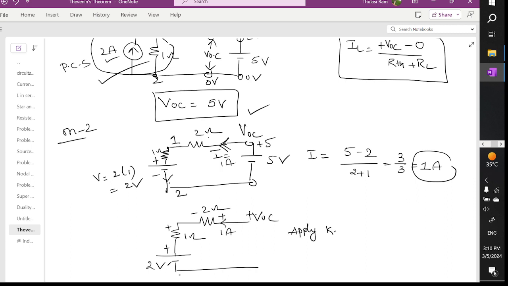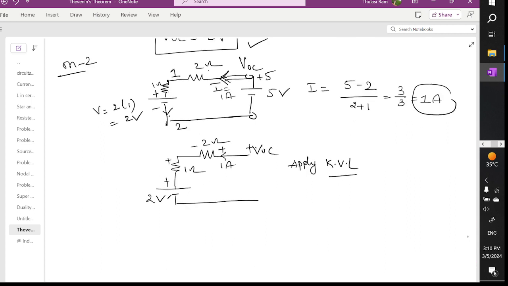So apply Kirchhoff's voltage law. Already we can directly see that VOC is 5 volts; there's no need to do this, but you may have a doubt and want to verify by the second method, and you can do it. When you apply it here, the current is leaving plus VOC. What is the leaving polarity? Minus, and what is the I value? 1 into 2. Current is entering at 1 and leaving here, the current being 1 ampere.